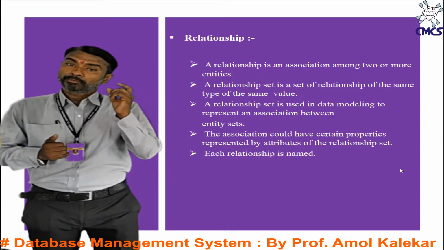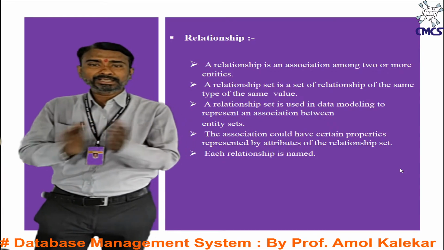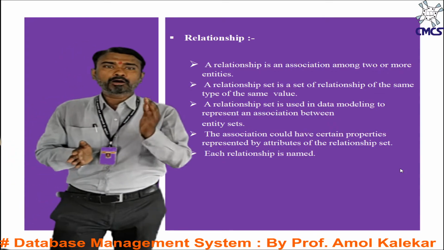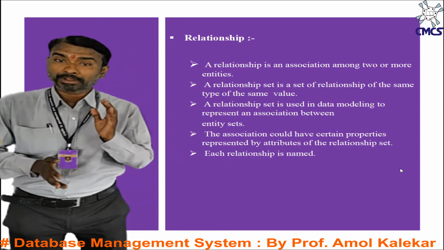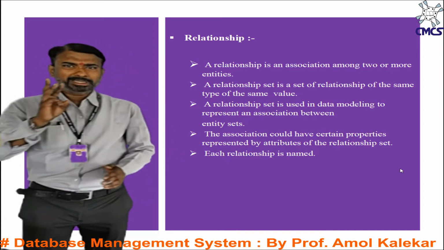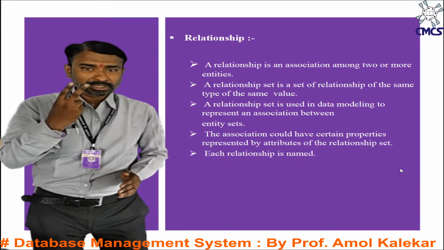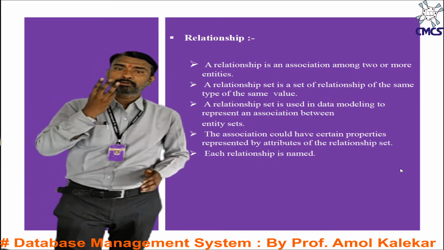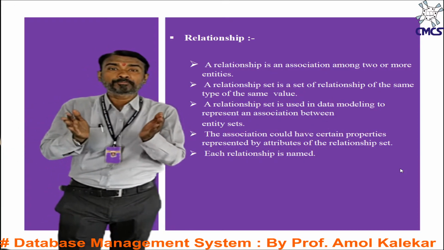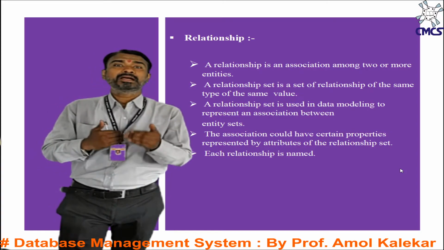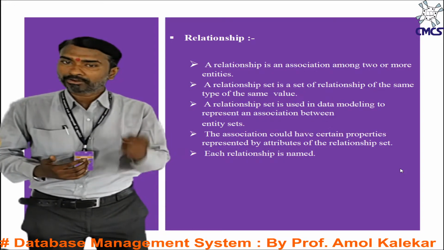And the point to be noted again here is that whatever kind of relationships can exist among one or more entities, all these relationships have to be named in the proper manner. So these are the three important things, that is the identification of entity along with its attributes, and we have to track the relationship. Now this forms the foundation for designing and building or developing the database for any organization.